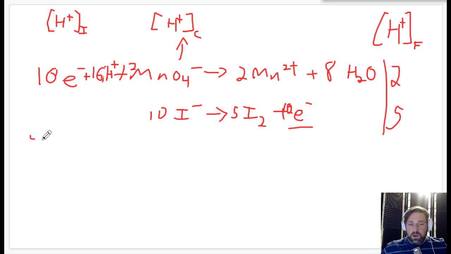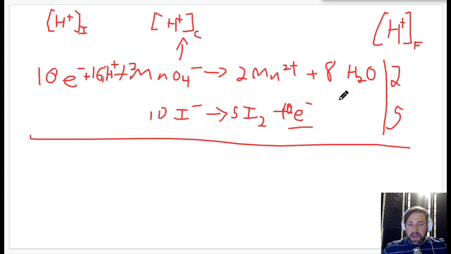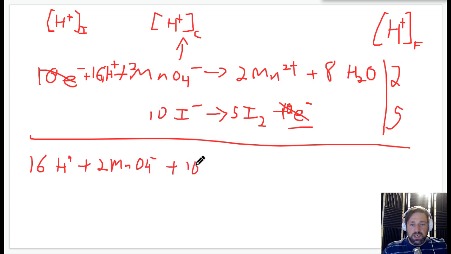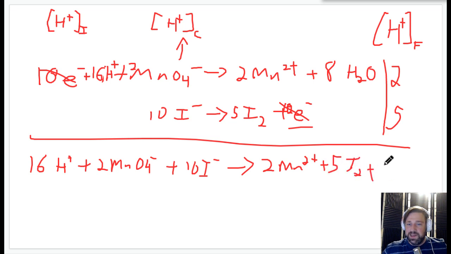All right, cool. So now we're going to need to combine these back together. Remember, cross out anything on both sides. The electrons get crossed out. Nothing else gets crossed out here. So that's going to leave us 16 H plus, 2 manganate, plus 10 iodide going to 2 manganese 2 ion plus 5 elemental iodine plus 8 H2O.